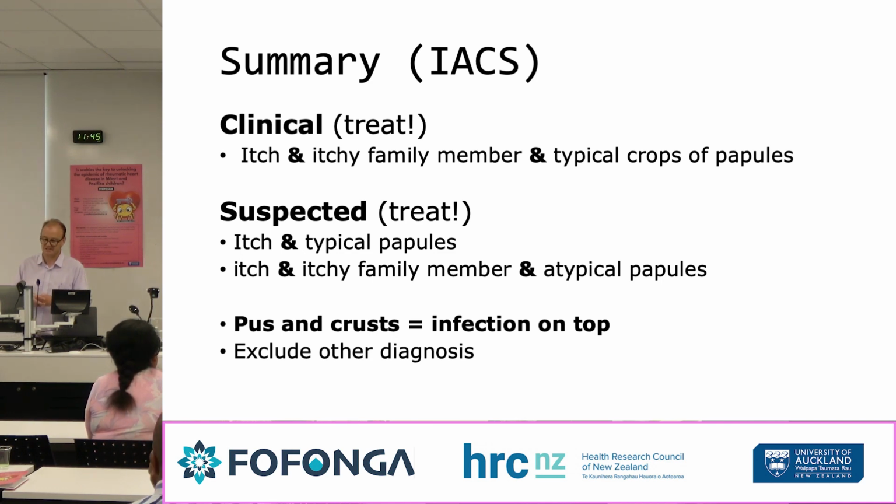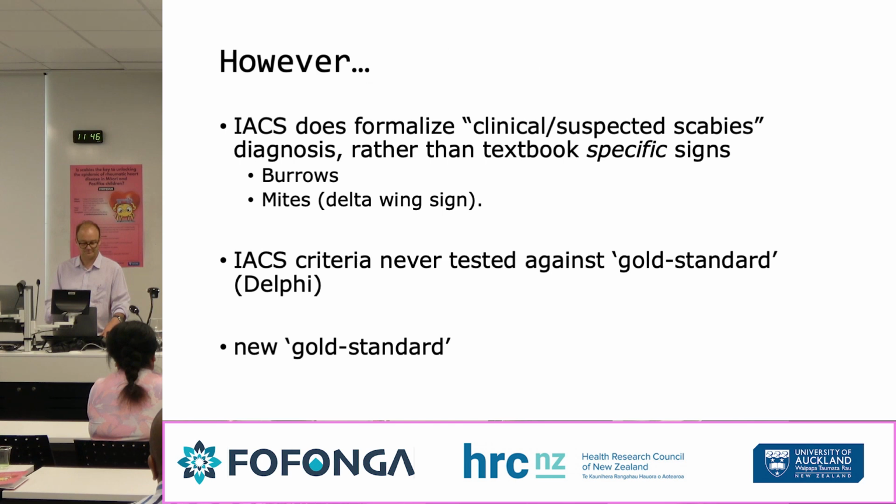For suspected scabies, itch and typical papules, or itch and an itchy family member and atypical papules. And there's often likely to be pus and crusts and infection involved as well. I don't think the IACS criteria are perfect, but they're an attempt at trying to standardise the diagnoses.